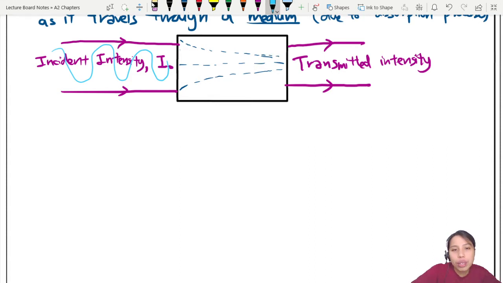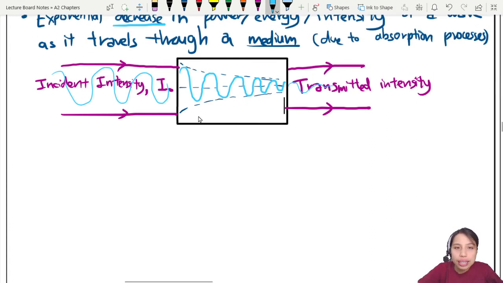Your wave maybe starts off with a pretty big amplitude, but then it gets smaller and smaller and smaller. It loses energy, loses power, then comes out, transmitted. So this is what we call damping, but now we call it attenuation. This pattern, this decrease in amplitude, is what we call an exponential decrease.